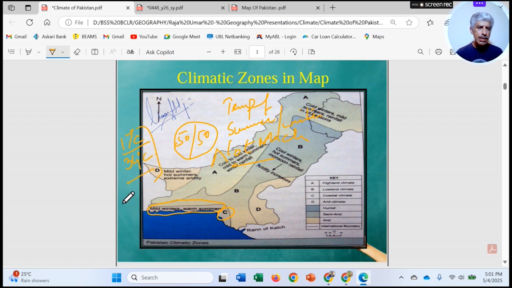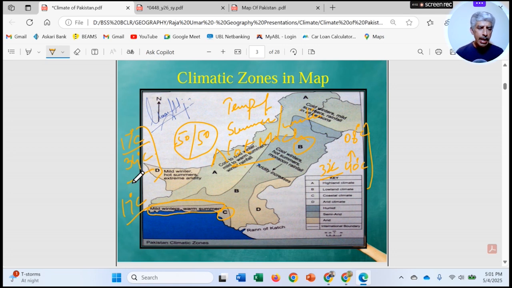So the difference is quite less, 17 degrees. But if we compare it with B region, for example, the average temperature of winters is 8 degrees Celsius and average temperature of summers is 40 degrees Celsius. The difference is 32 degrees Celsius, 40 minus 8.